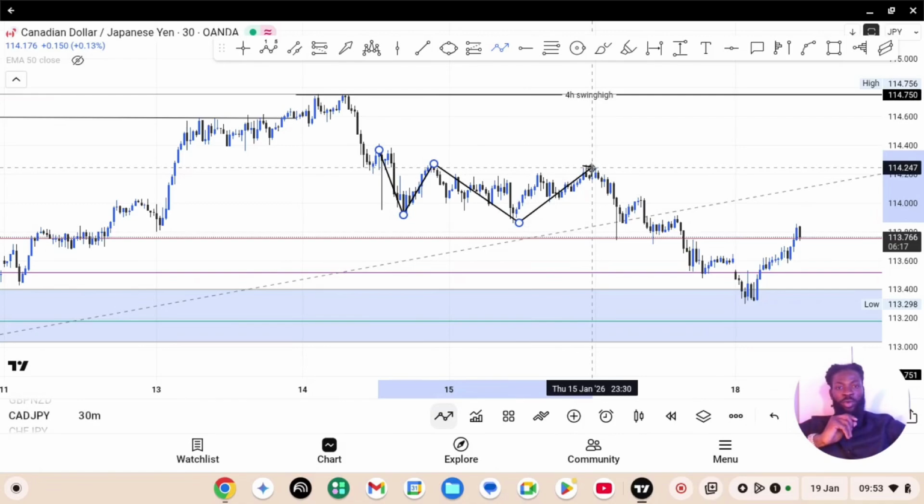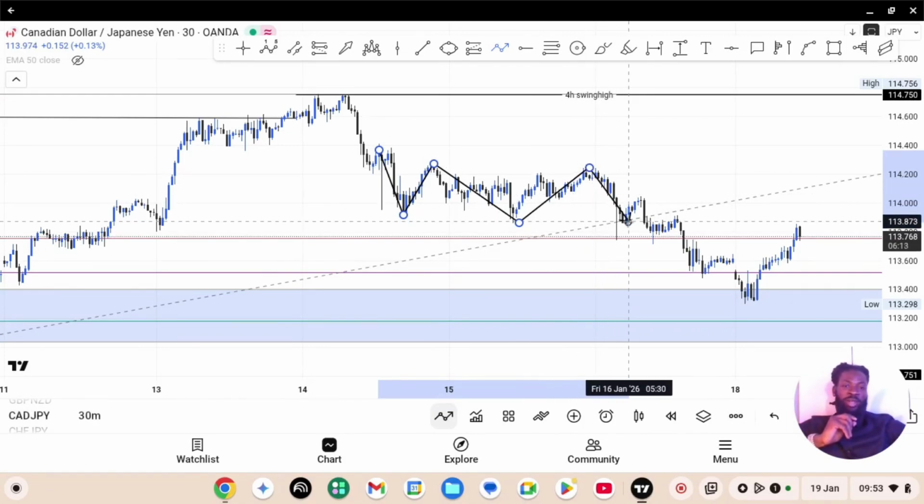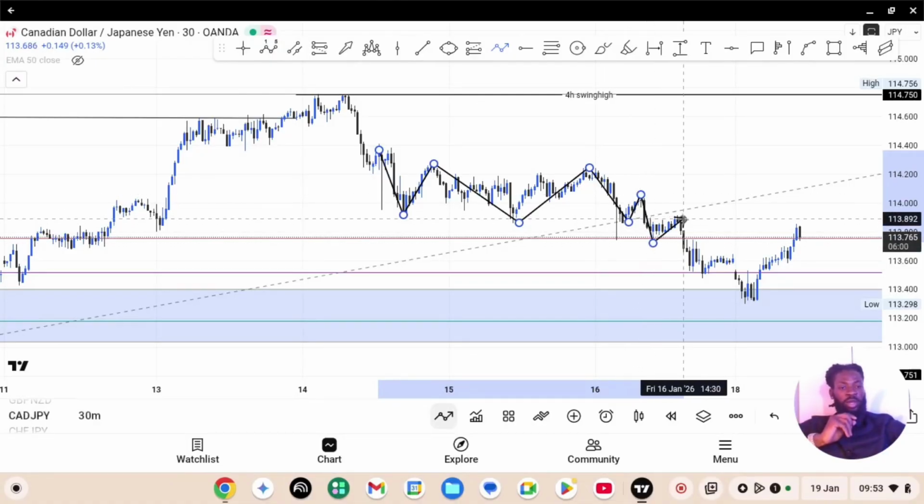So what are we looking for? We are looking for the market to align with our bigger time frame, which means we want the market to give us a change of character upward. Now we have a series of lower low, lower high, lower low.